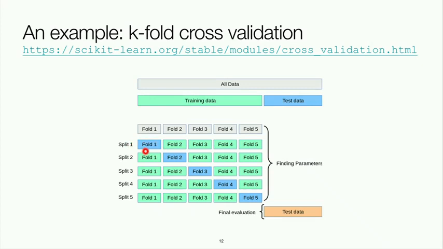All these blue ones, that's what I'm not training on, and all the rest of the data is what I'm going to train on. So I train on folds 2 through 5, and then I evaluate on fold 1, my validation set. I repeat the same thing with folds 1, 3, 4, 5 as my training set, and 2 as my validation set, and so on and so forth.